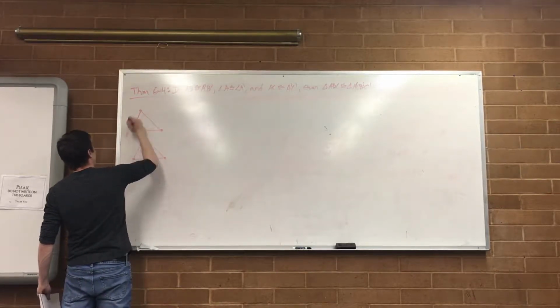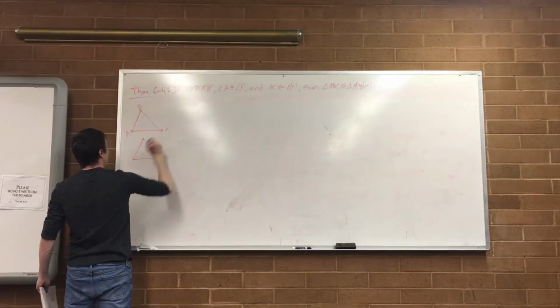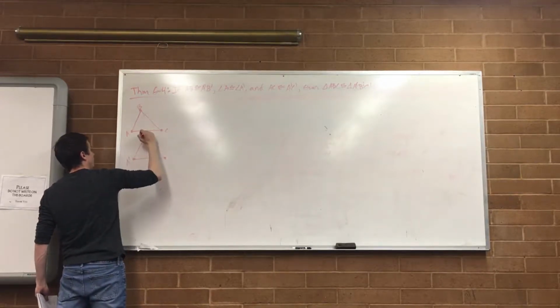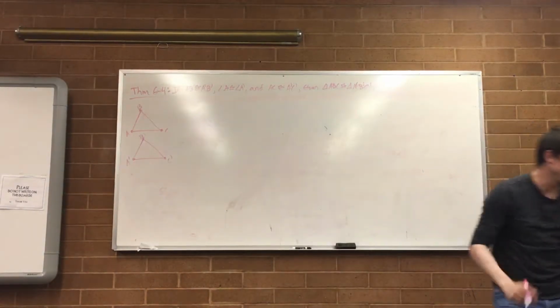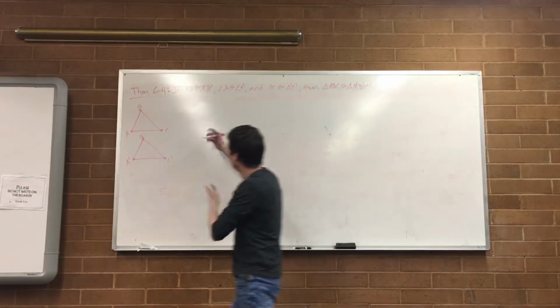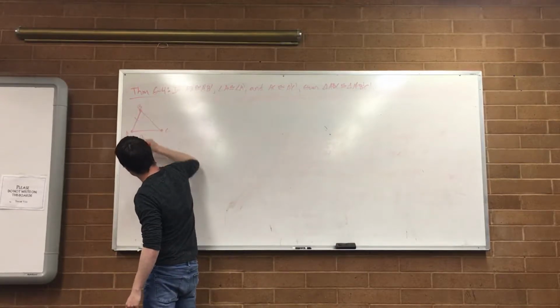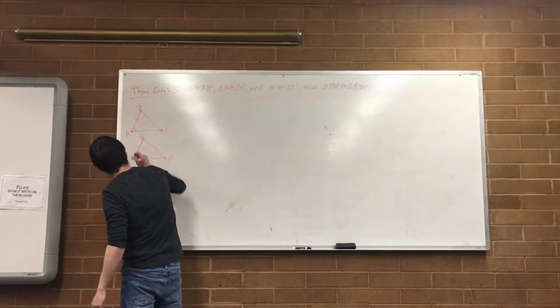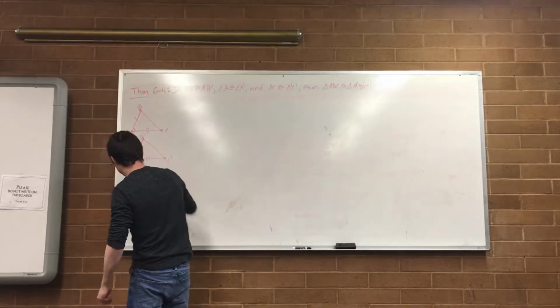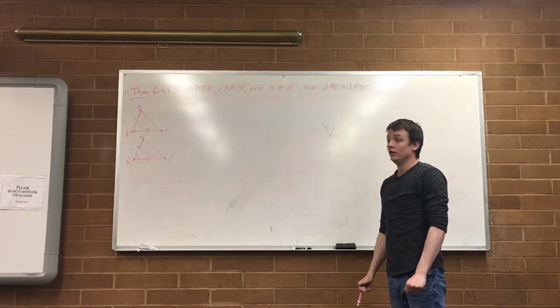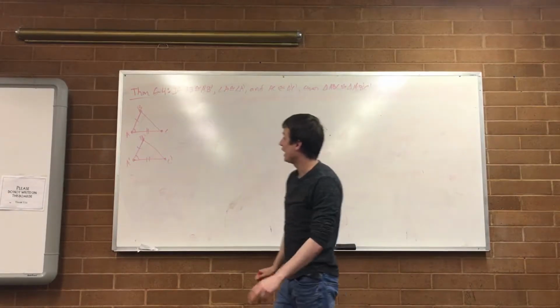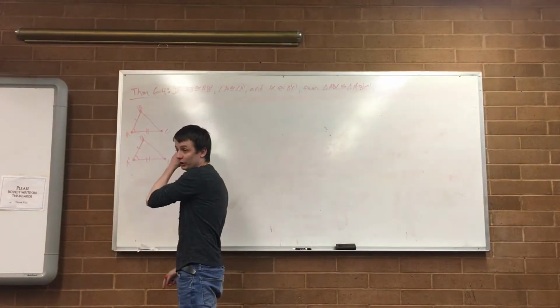We'll go A, B, C, A prime, B prime, C prime. We construct them such that this is congruent to this, that's congruent to that, and that is congruent to that. Good? So now we need to prove that that means that these two triangles are congruent.